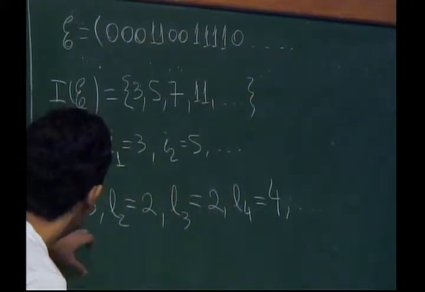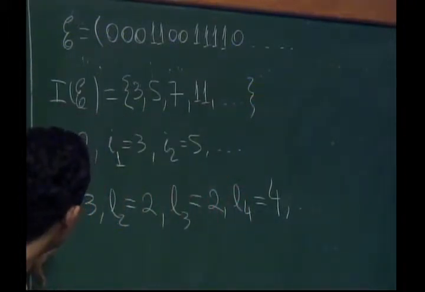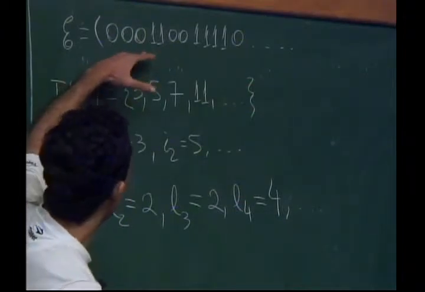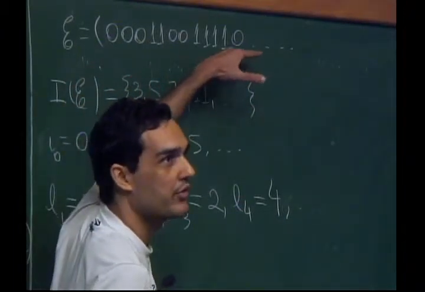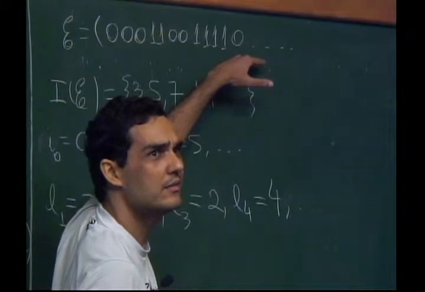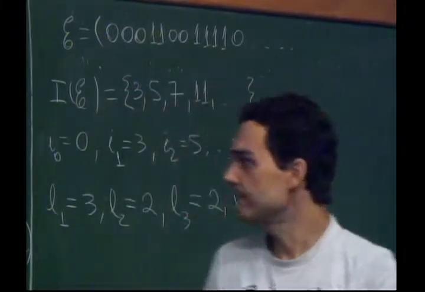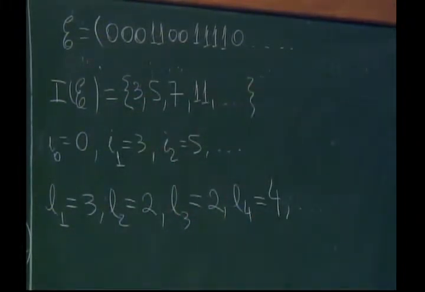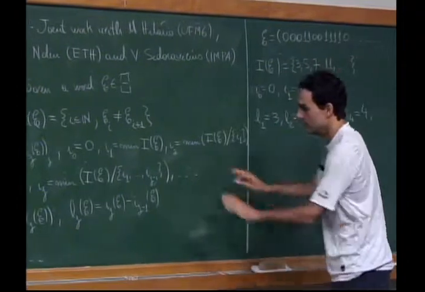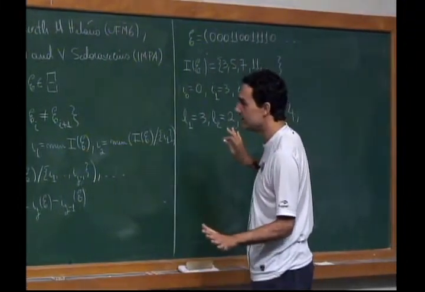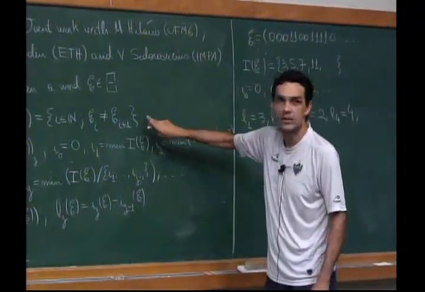That is, the sequence L is the length of the blocks of consecutive digits. Is it clear? Observe that this is only well defined if the set I is an infinite set.